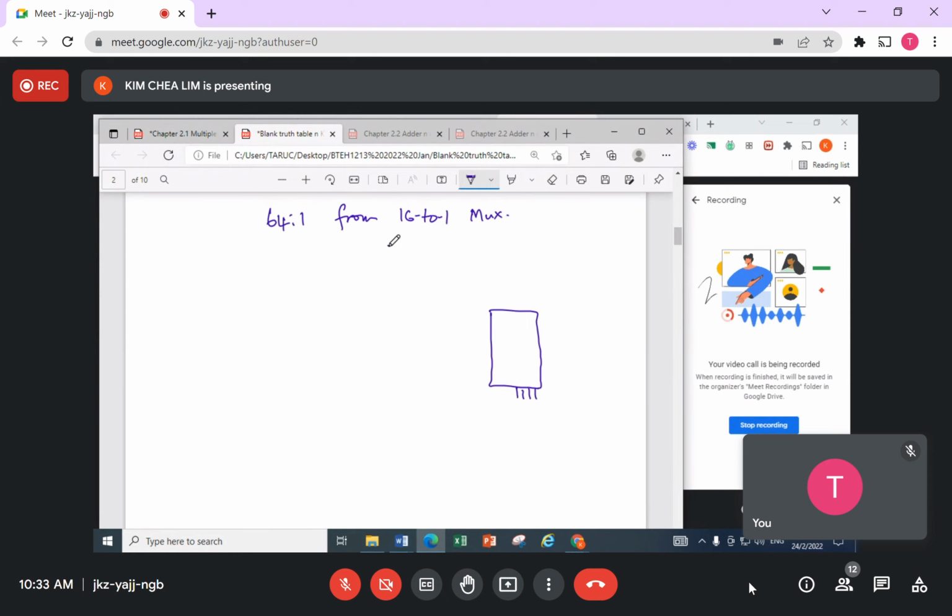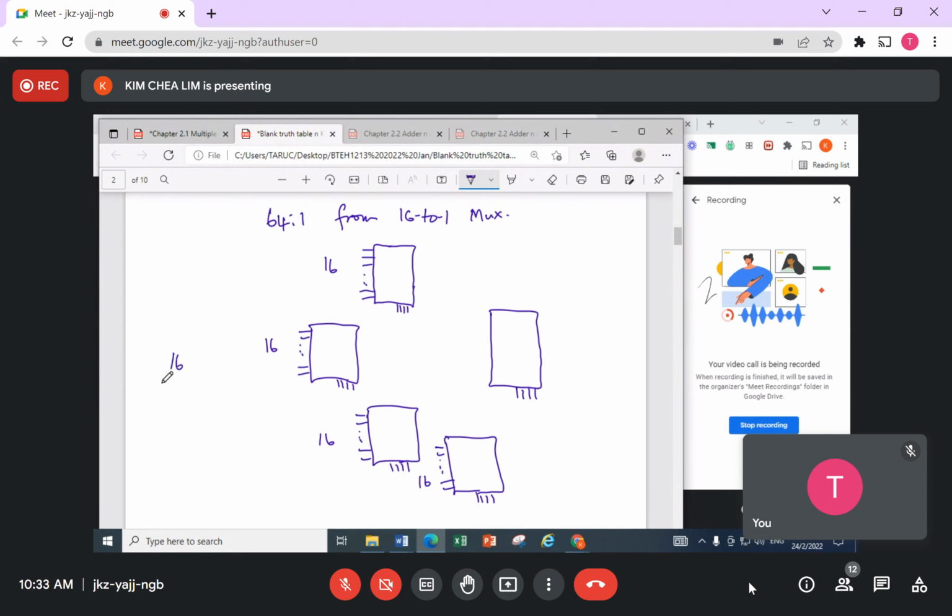Then every one of these is the same size, so you find that you have 4 inputs. 1, 2, 3, 4. And this one here also 1, 2, 3, 4. Now, here 16, another 16 inputs. Every one of these has 16 inputs. All right, 16. So your 16 times your 4 is going to give you the 64 inputs.